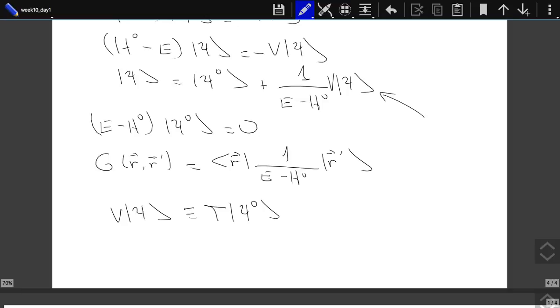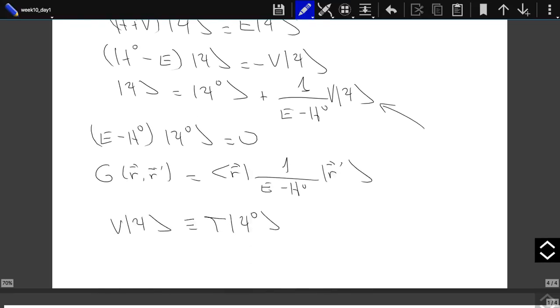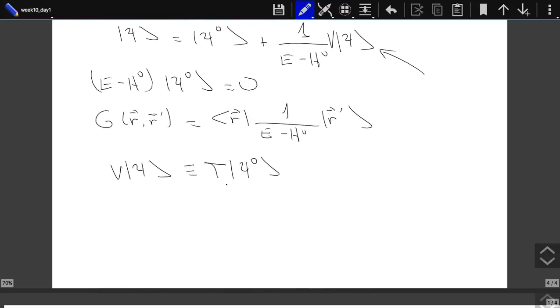We didn't yet show that S is equal to 1 plus iT. But we just define this t. So in terms of this t, psi is equal to psi 0 plus 1 over E minus H0 V t times psi 0. We didn't really gain much at this step because we know psi 0, but this time we don't know what t is yet.